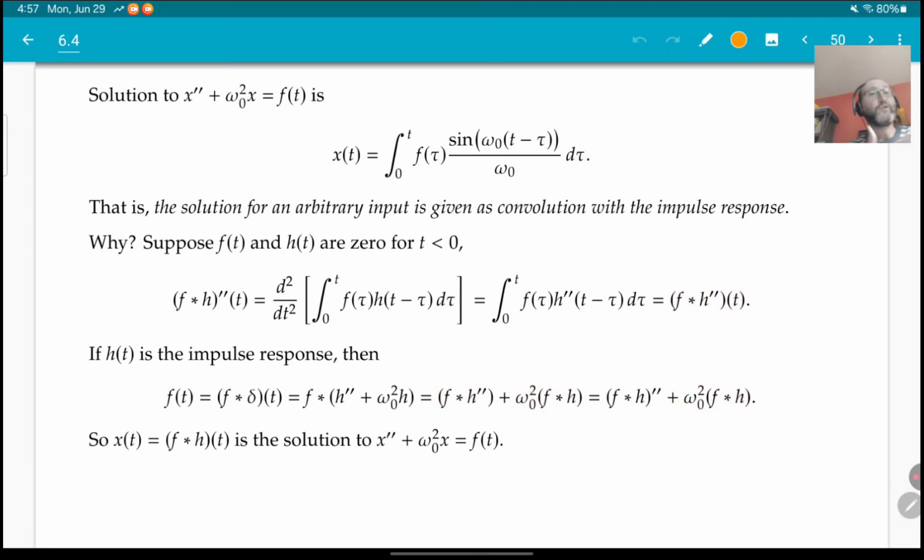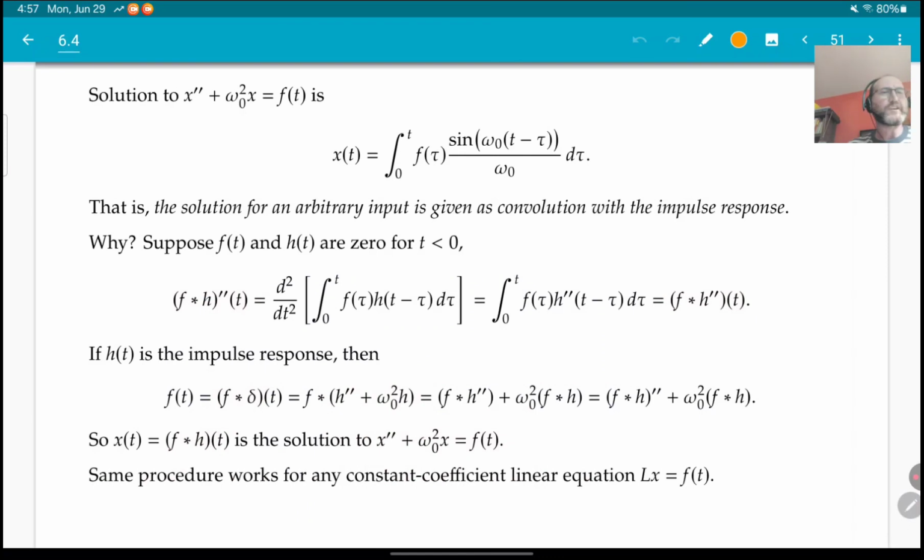So the convolution with h is just the solution here. It follows from this formula and two facts: that f convolved with the delta function is f, and that the delta function has this formula.